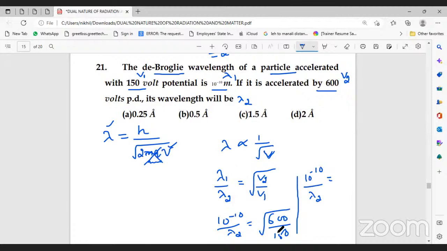What is 600 by 150? 4. What about root 4? 2. So what will be lambda 2 then? 1 by 2 into 10 power minus 10. What is 1 by 2? 0.5. 10 power minus 10 can be taken as angstrom. So 0.5 angstrom.